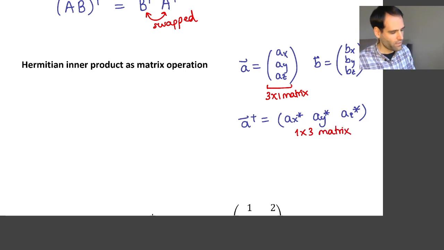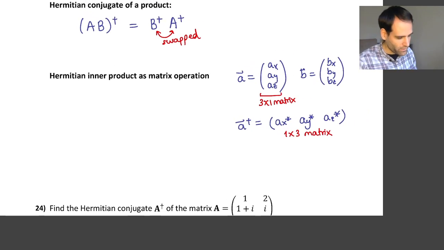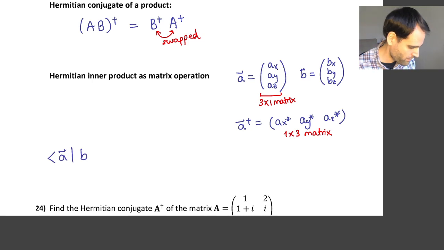This is very convenient because it means that we can write the inner product between vector A and vector B as A dagger times B, a matrix multiplication.